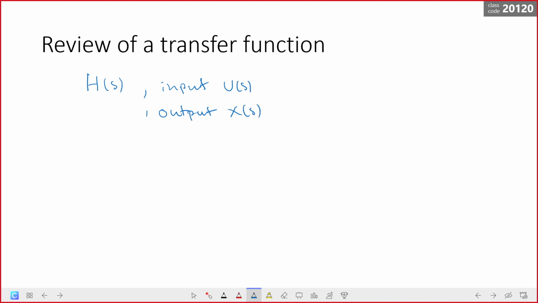Then the relationship between these three is output equal to transfer function times input. Or we can say, a transfer function by definition is the ratio between output and input.